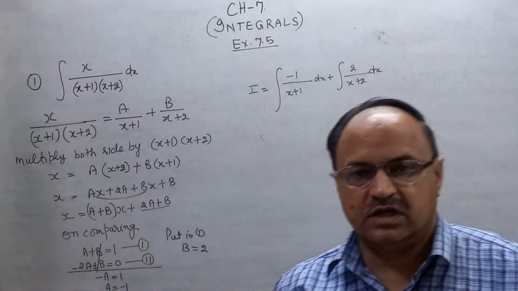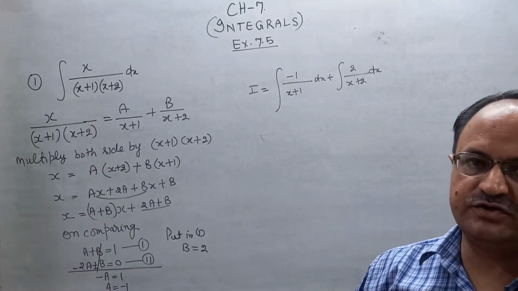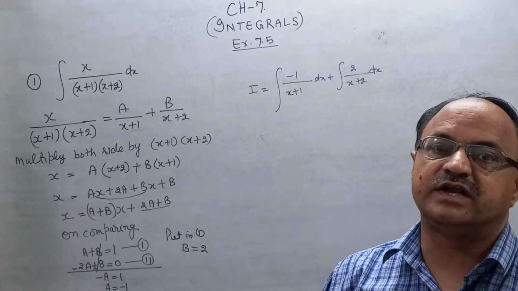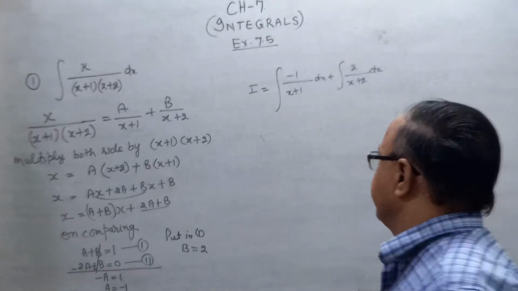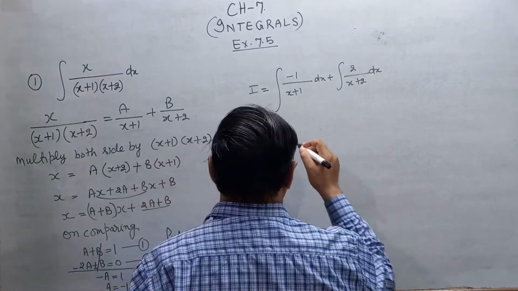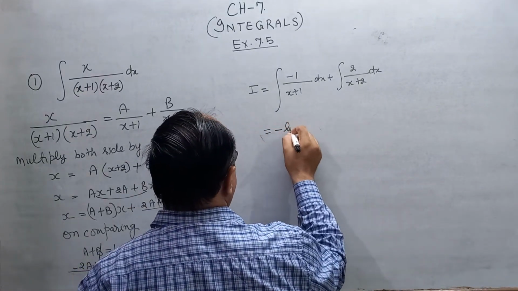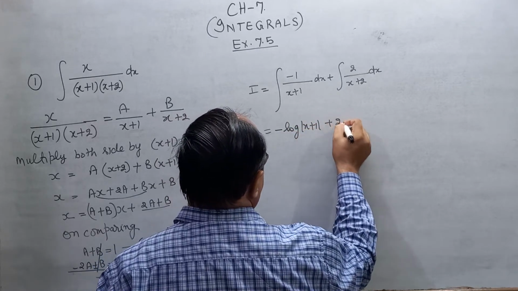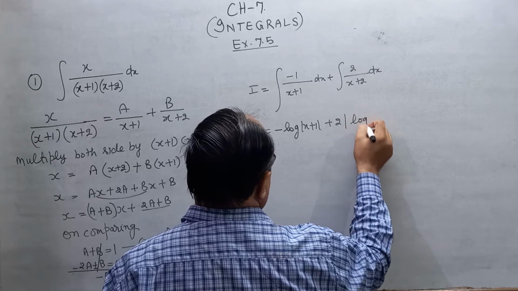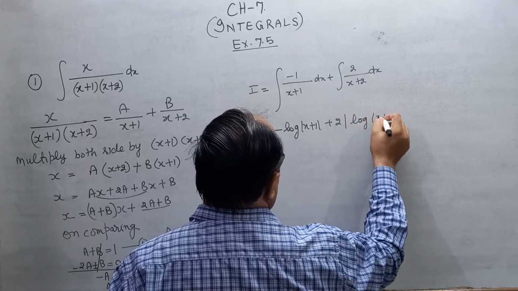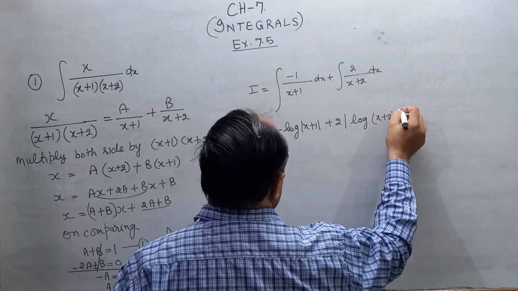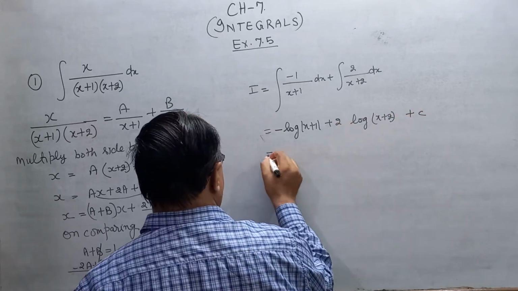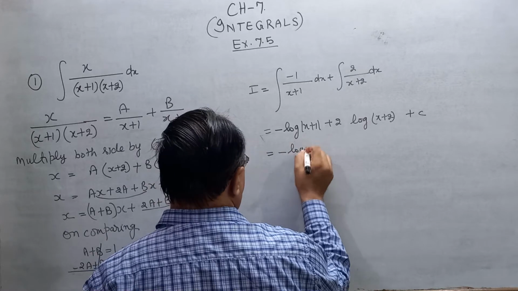And the integration of 1 upon a linear function, you know, is always log of the linear function. So the answer of this question is minus log x plus 1, and you can write 2 outside, therefore log x plus 2, plus c. Further, if you want to simplify, then you can simplify.